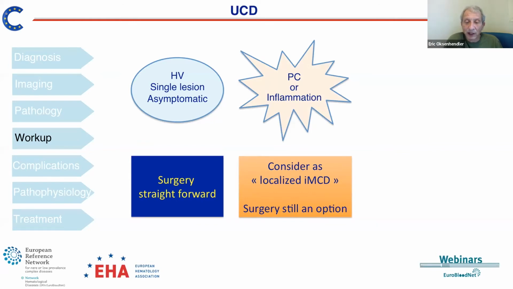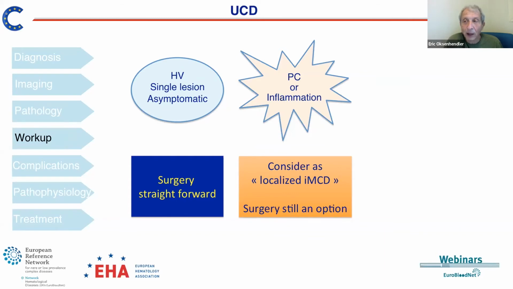And this is very interesting because we don't know yet if we should still consider these patients as UCD, or at least for the treatment, consider them as localized IMCD, which is an oxymoron, I know, but we can think about a primary disease such as IMCD that could be somewhat localized. And in these cases, surgery is still an option.